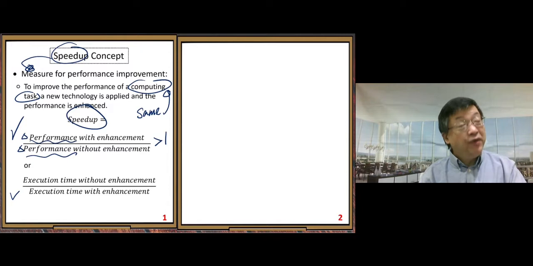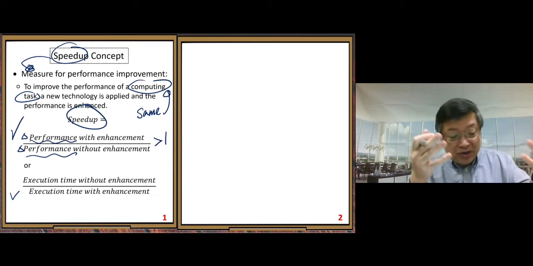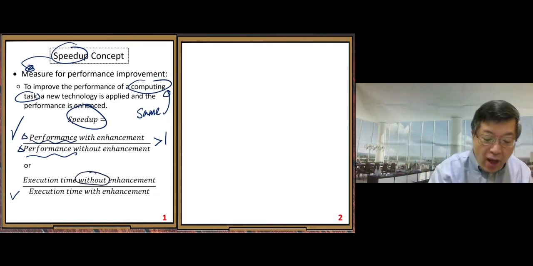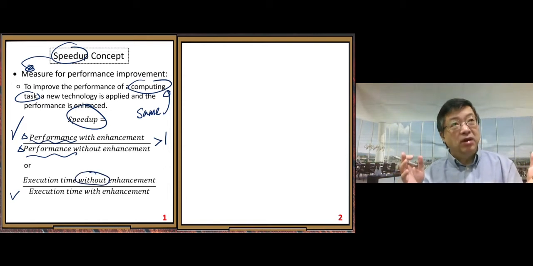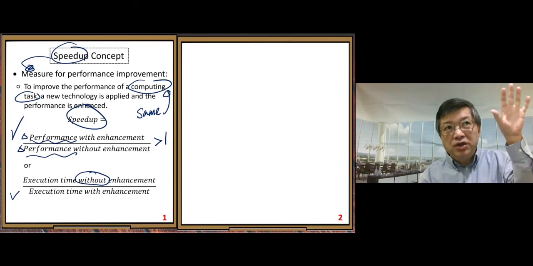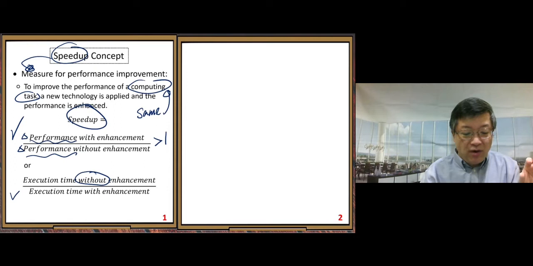So it's okay. All right, but we like to use the execution time. Definitely on the same task, execution time. But this time, because of that reciprocal relationship, the older time, before we apply the new technology, without enhancement, will be a larger number. Older execution time will be larger, and the new execution time will be smaller.